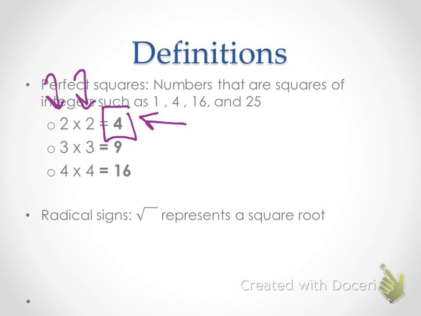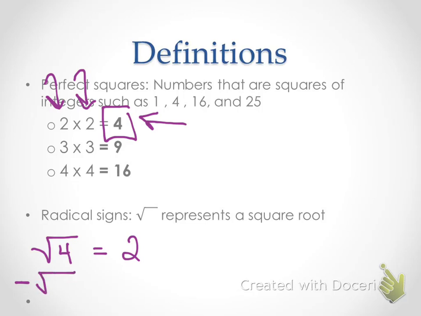Now let's talk about radical signs. The radical sign in and of itself is positive. So if you see the square root of 4, you're taking the positive square root of 4, and that would be 2, unless there's a negative out in front of the radical.